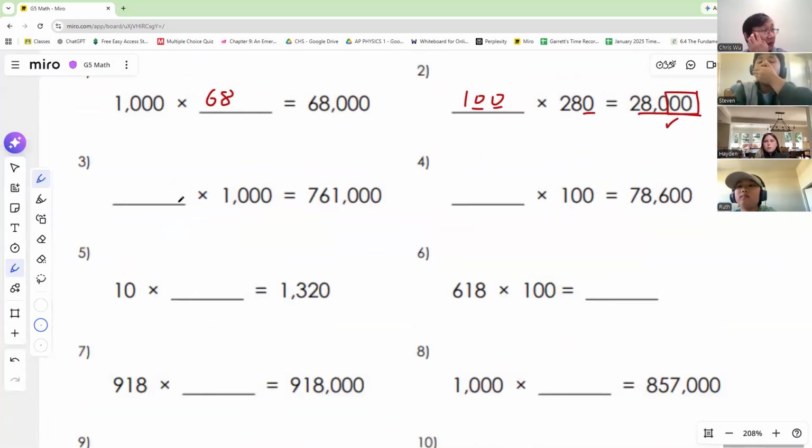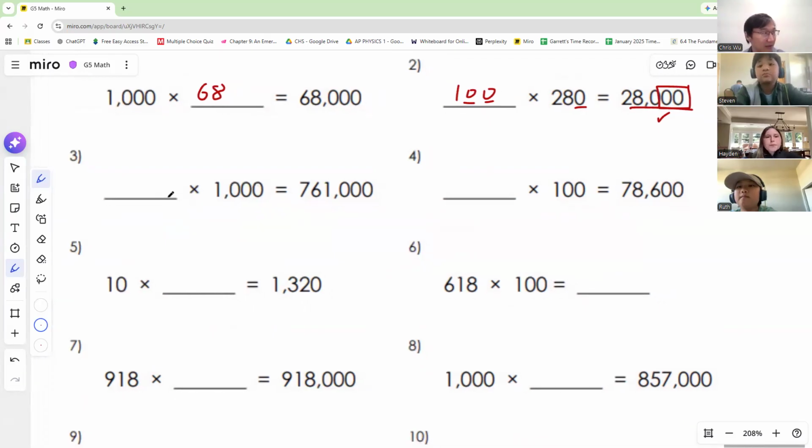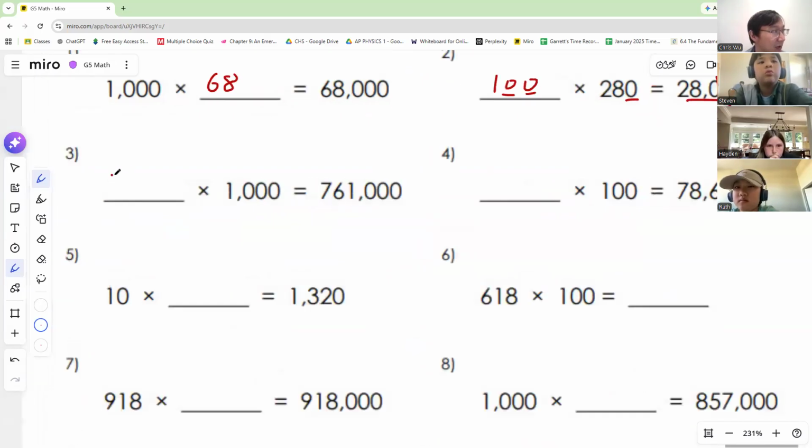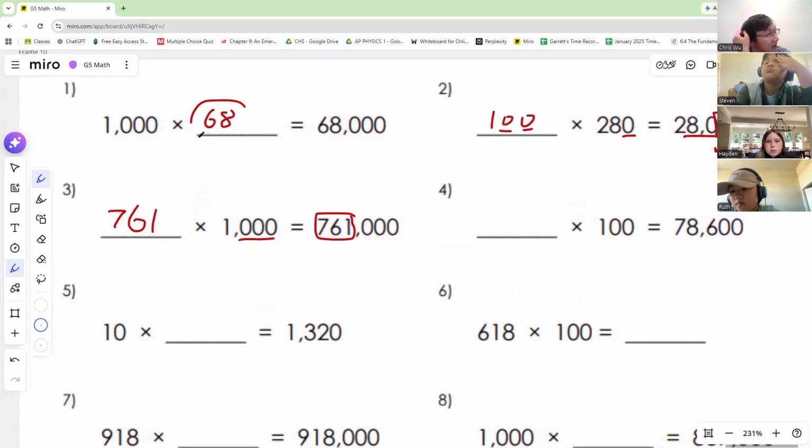All right, Hayden, do you want to try number 3? What do you think the number I need for number 3 will be? Probably 76. 76, almost, because we also need a 1 there. So we can have 76 and add a 1, 761. Then when we multiply by 1,000, we add those 3 zeros. Notice that the numbers that we multiply, we don't actually have the 1, right?